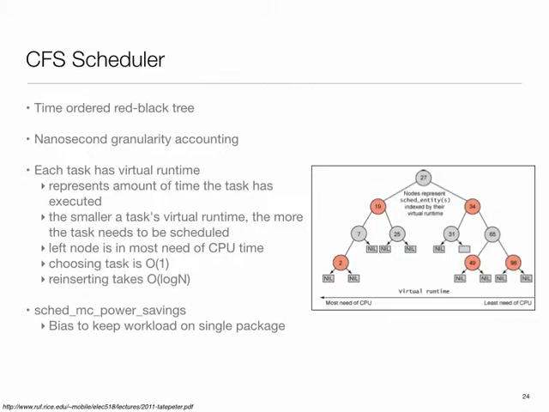Is it good for performance? Is it good for throughput? Is it good for latency? Is it good for real timeliness? Is it good for power? It's certainly fair, right? It's trying to keep everyone equally happy. But what about other dimensions?